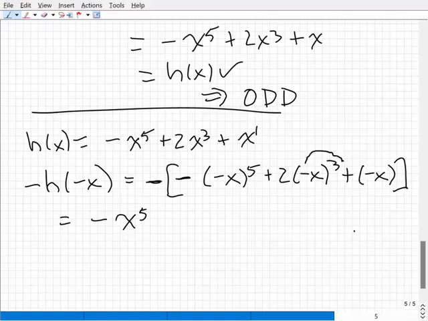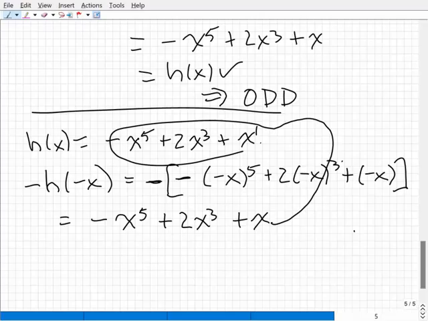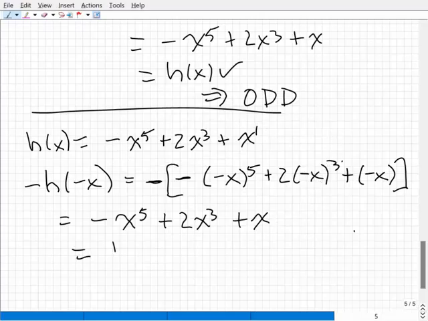We have 3 minuses, 4 minuses. They all cancel out. Great. What about here? We have 1 minus, 2 minuses. They cancel out. Look at this. This is the original function. So therefore it is odd.